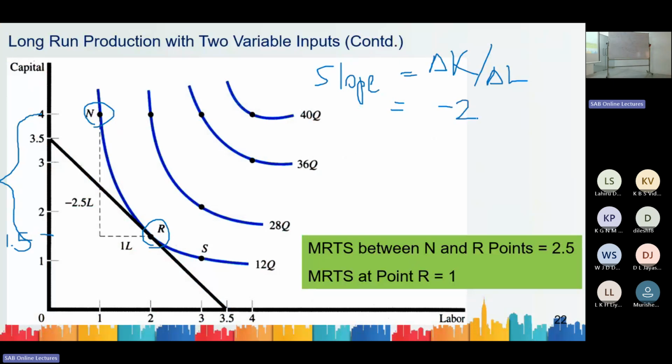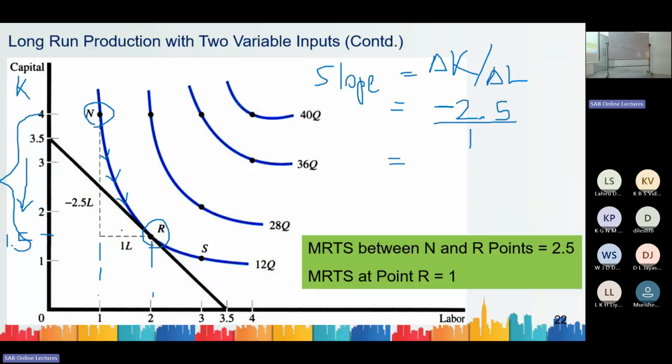It's minus 2.5 because there is a decline. When moving from point N to R, K decreases from 4 to 1.5 by 2.5. So it's minus 2.5. And what happens to L? L increases by 1 unit.